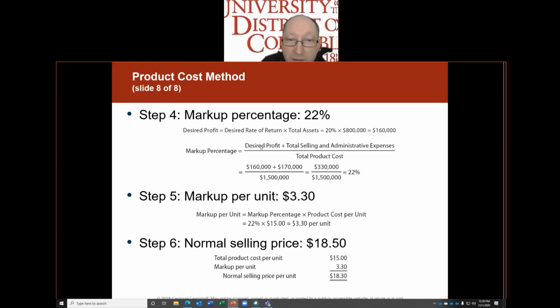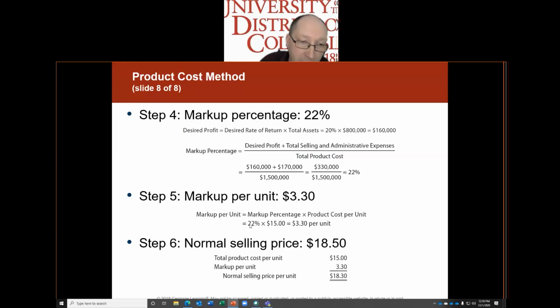That's desired profit, which is 160,000, plus selling and administrative expenses, 170,000, divided by total product cost, 1.5 million. It gets us to 22%, or 0.22. Then you multiply that by 100, gets you 22%.